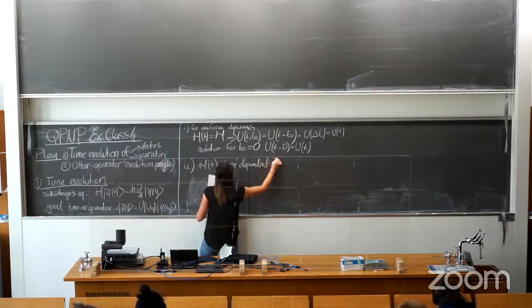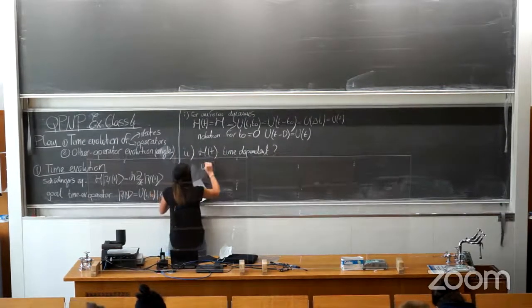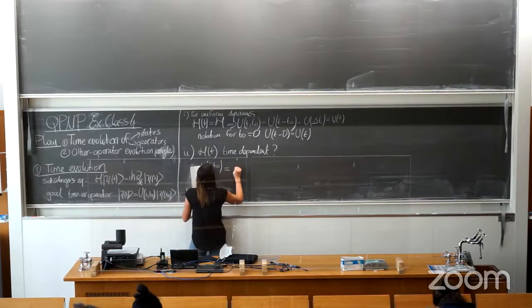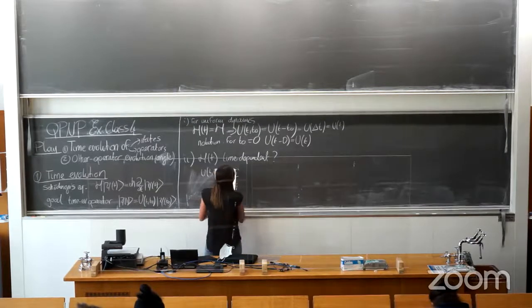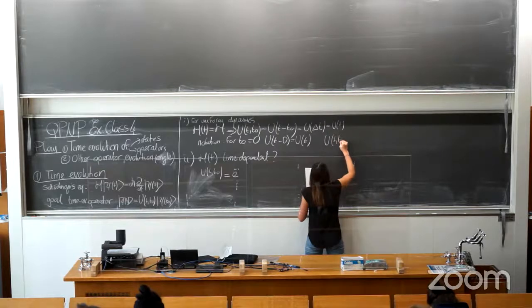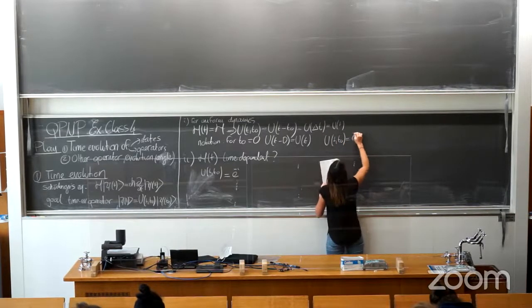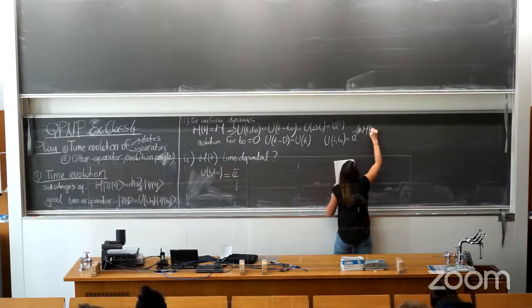Well, u of t0 will be e to the minus... Sorry, I completely forgot to write that u of t0 in this case is equal to e to the minus i divided by h bar times h times the time interval.